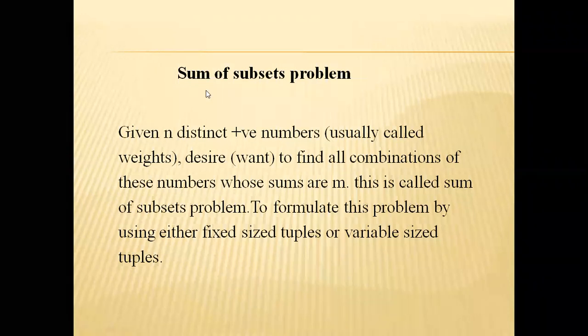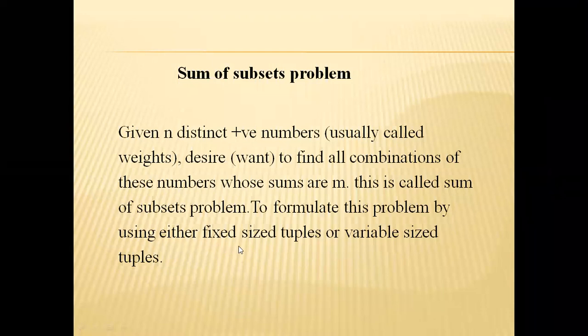In the sum of subsets problem, the solution is represented by fixed size tuples or variable size tuples. Fixed size means the number of values in the tuple is fixed, 4 or 5. Variable size means the number of values in the tuple differs: 2, 3, 4.